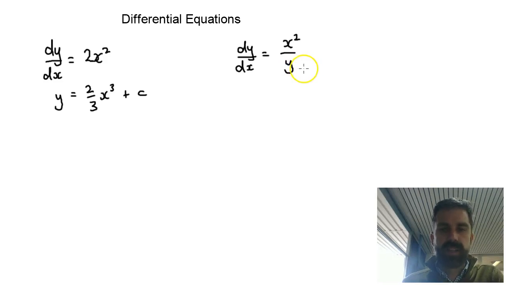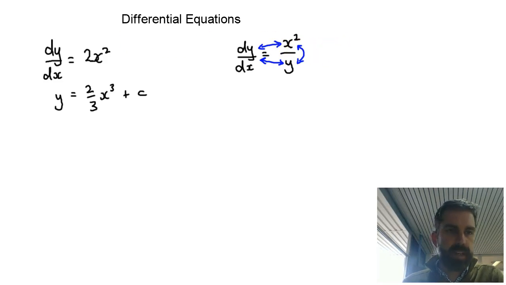Now that's harder because we can't just integrate both sides in order to get our solution for what y is equal to. And it's particularly hard because if y is a function of x, then these two things are interrelated in a way as well. So, there's no simple way of solving this.